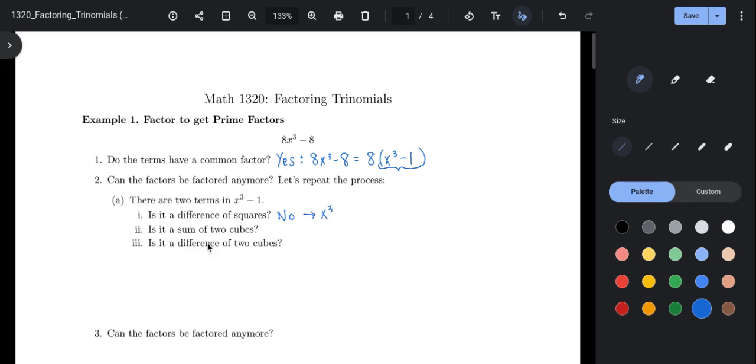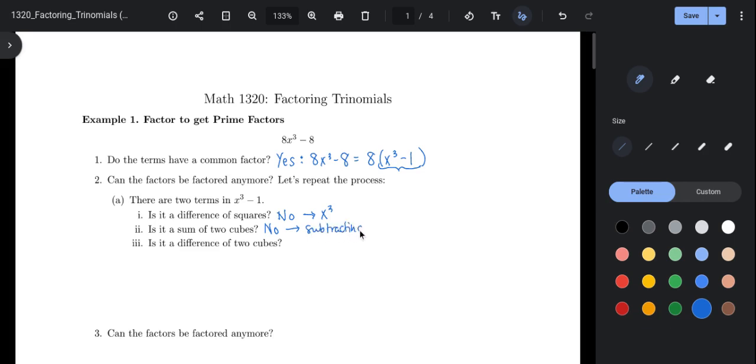Our next question that we ask ourselves is, is it a sum of two cubes? Which is possible, right? Because we have x being raised to the third power, but we have a minus sign. So it's not a sum because we're subtracting our two terms. So this can't be either, and this is because we're subtracting.